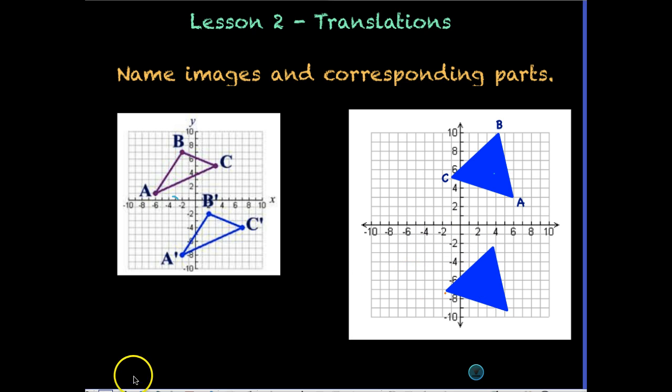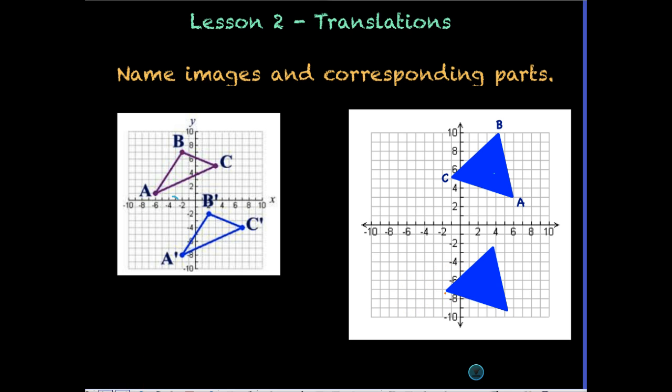So let's go ahead and name our new image. One thing that's important, as I mentioned before, this is probably an equilateral triangle, so it probably doesn't matter what angle I name A or B or C or what vertex, because it's all the same. However, we need to make sure that we keep corresponding angles aligned.